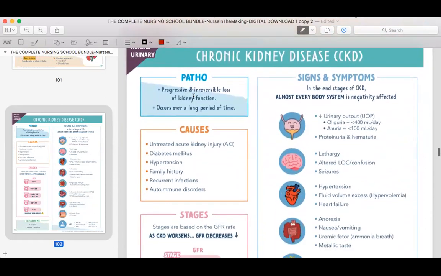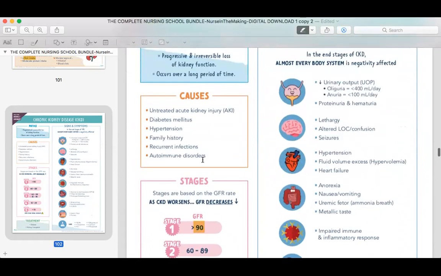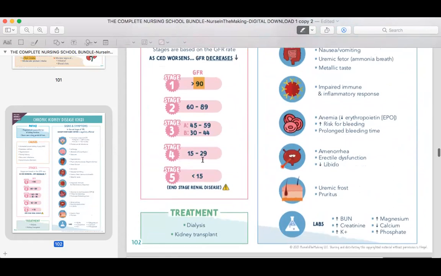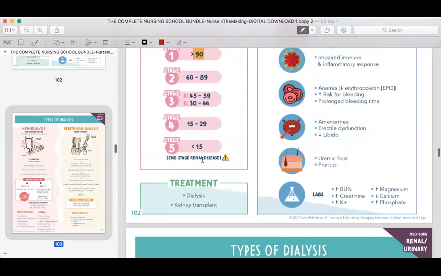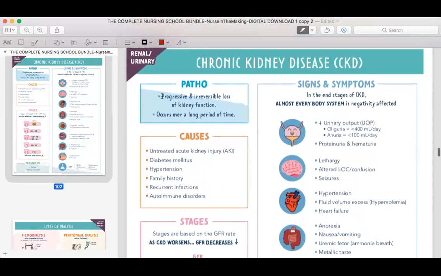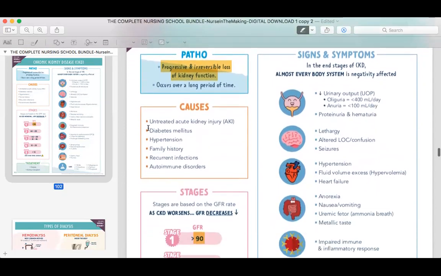Chronic kidney disease. So, like we said, your GFR we wanted above 90. So if you have chronic kidney disease, right? Progressive or irreversible kidney disease, like late stage, over time your kidneys aren't functioning anymore because of diabetes or hypertension, right?